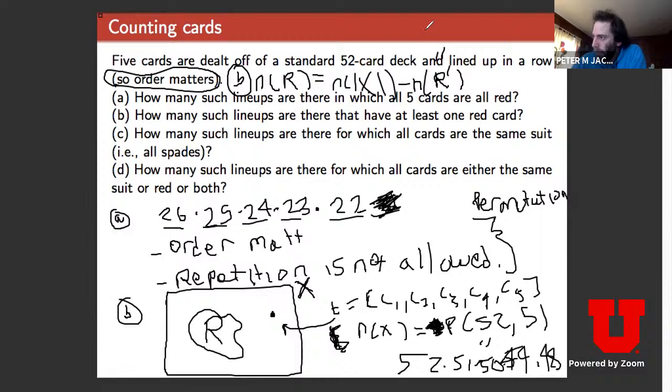This is just the answer to part A. So that's just P(26, 5). And then we know the total number of ways to grab 5 cards from a deck of 52 cards, which is P(52, 5), which is just 52 times 51 times 50 times 49 times 48. So 1, 2, 3, 4, 5. Yep. So this is the answer to part B.